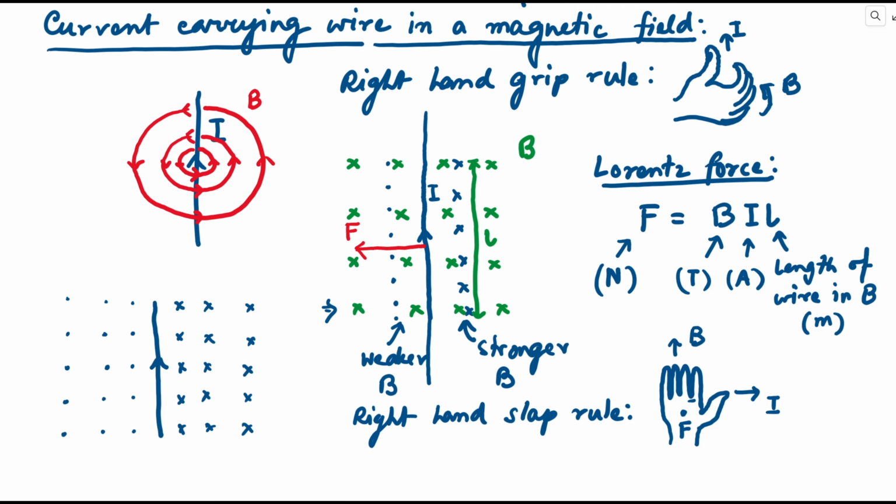So do that first, and then point your thumb in the direction of the current, and then you will notice that the palm of your right hand is facing to the left, which is the same direction as we have drawn over here. So the Lorentz force will be pointing to the left. So instead of using this interaction between the magnetic fields, we can simply use the right hand slap rule to get the direction of this Lorentz force as well.